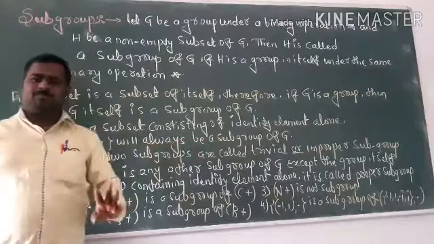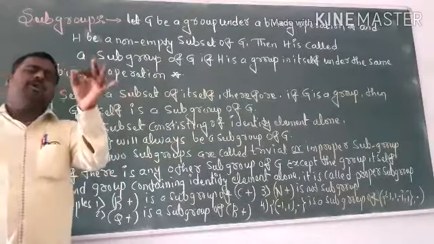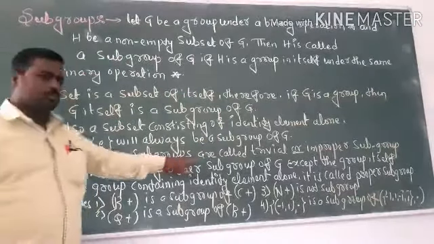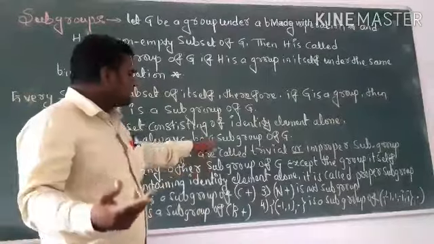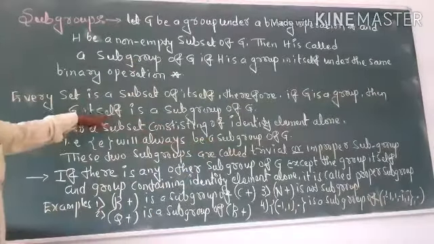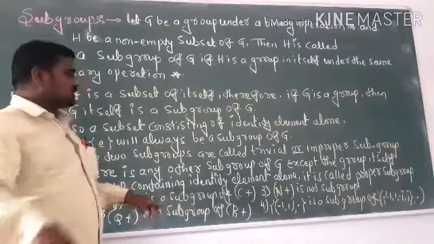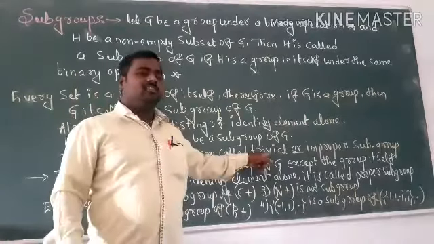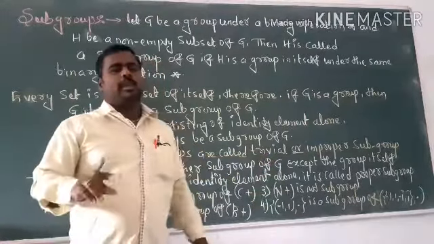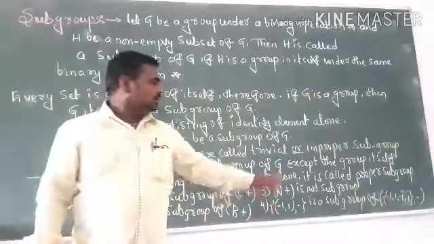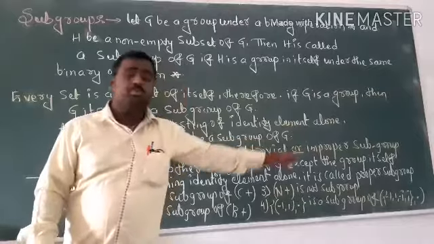These two subgroups, the one with the identity alone and the group itself, are known as trivial subgroups. Then only can I say improper subgroup.